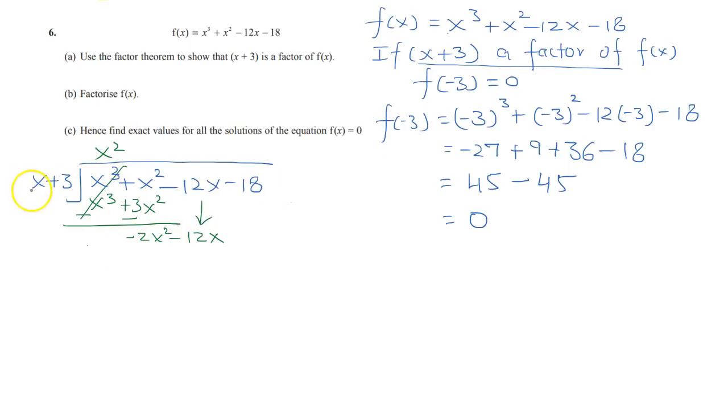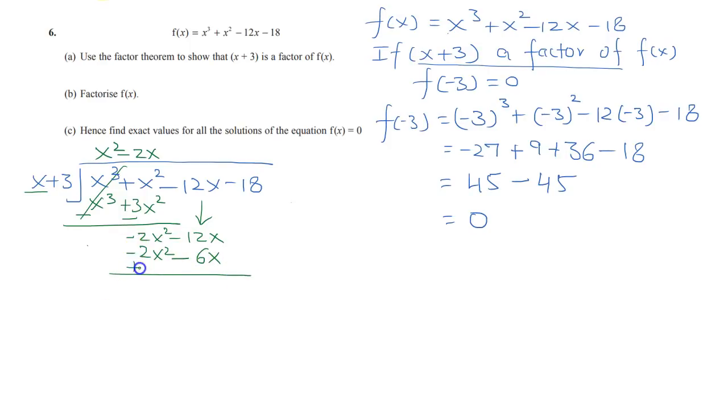This is minus 2x squared, so multiply by minus 2. Minus 2x multiplied by x is minus 2x squared. The trick is these terms must be the same in sign and in powers. Then minus 2 times 3 is minus 6x.